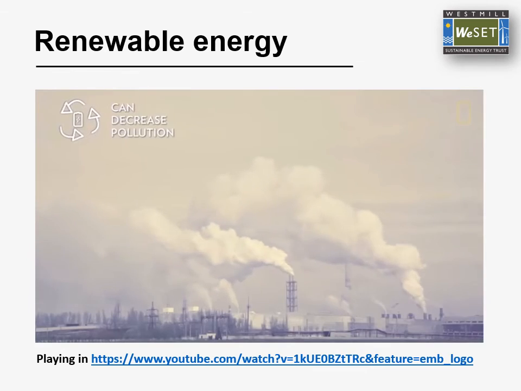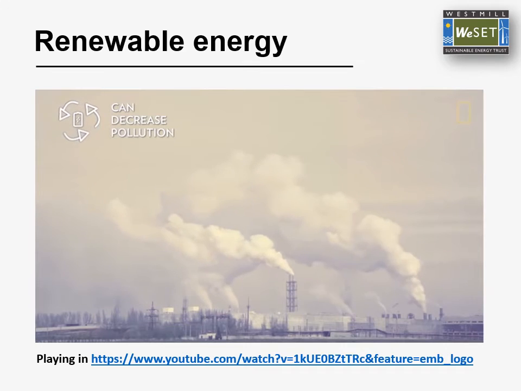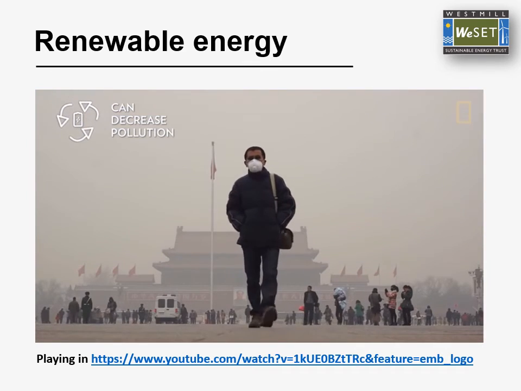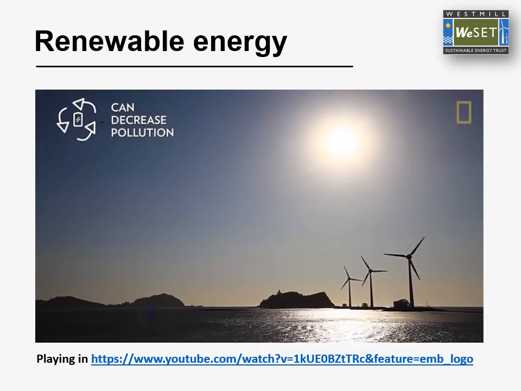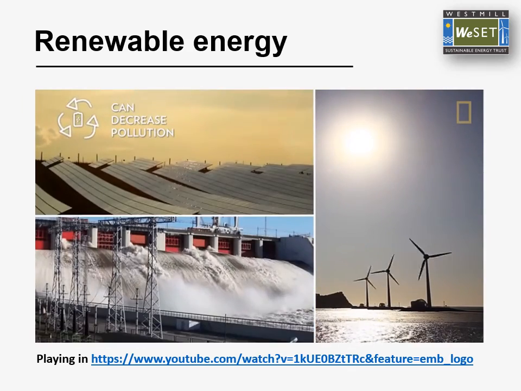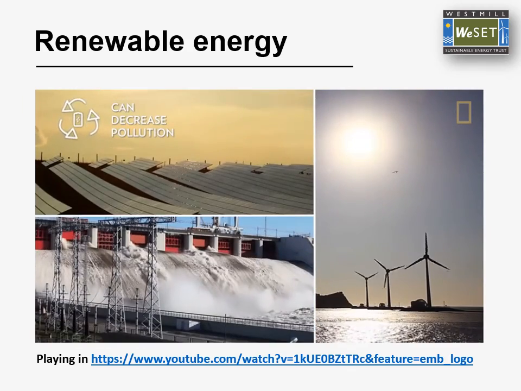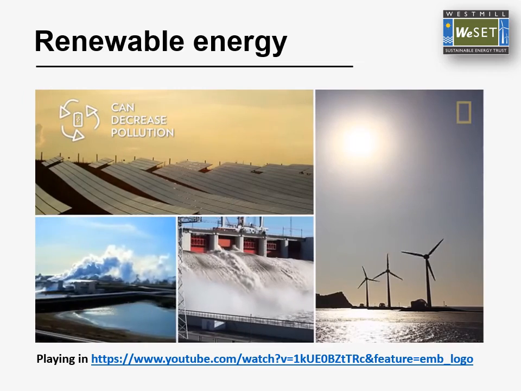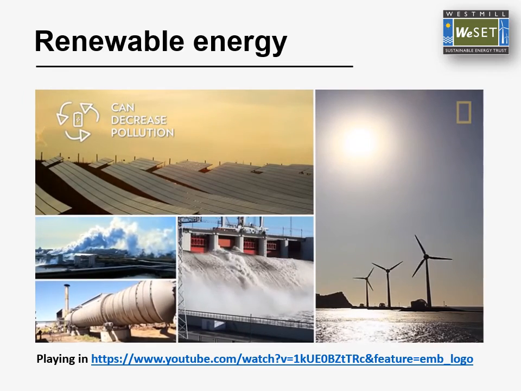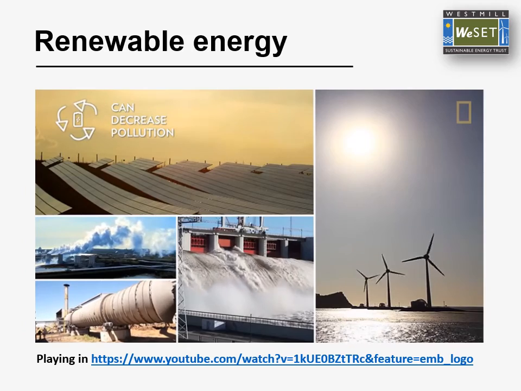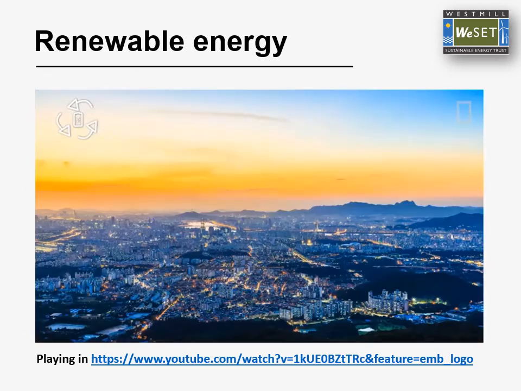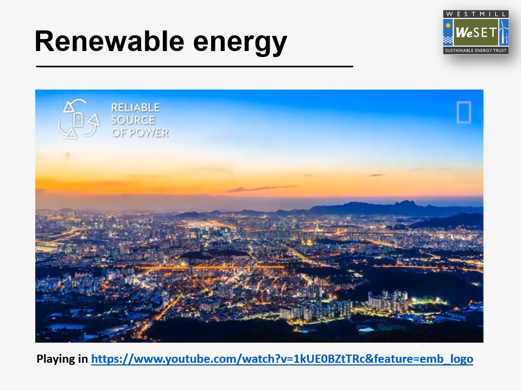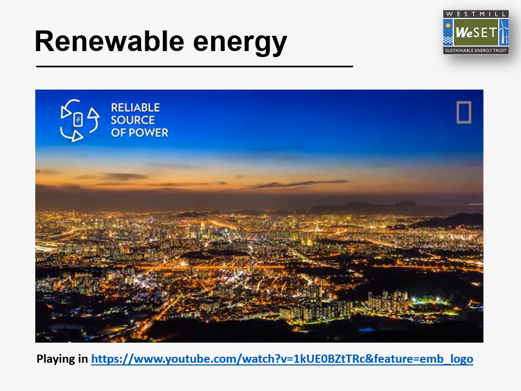Second, renewable energy can decrease pollution and therefore reduce threats to our health. Wind, solar, and hydroelectric systems create no air pollution emissions, and geothermal and biomass energy systems emissions are much lower than non-renewable energy sources.